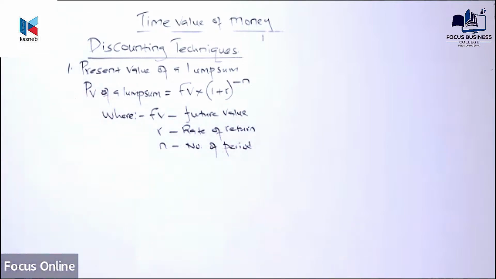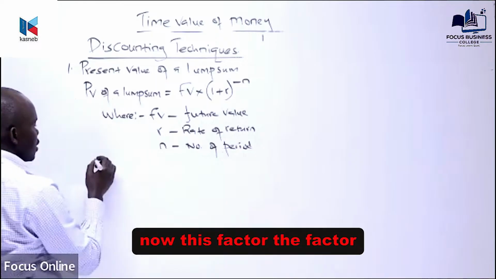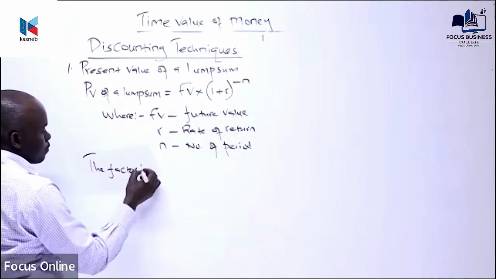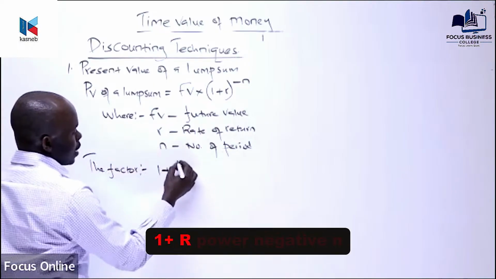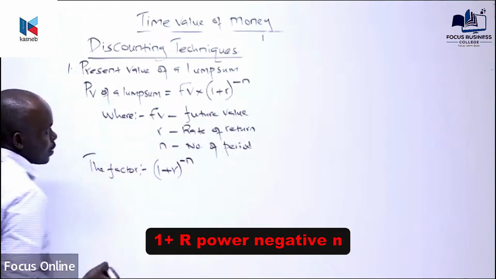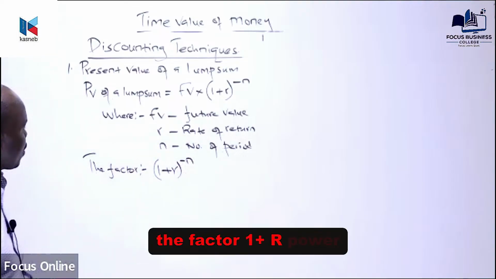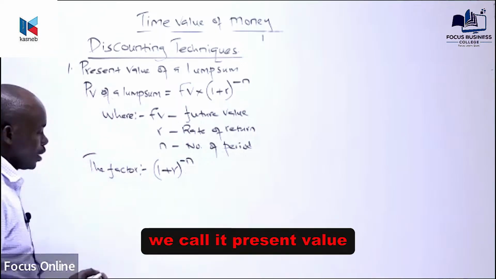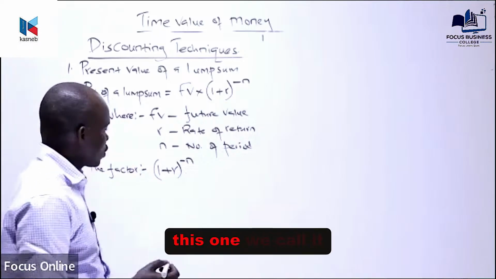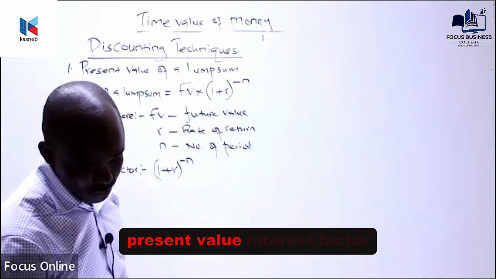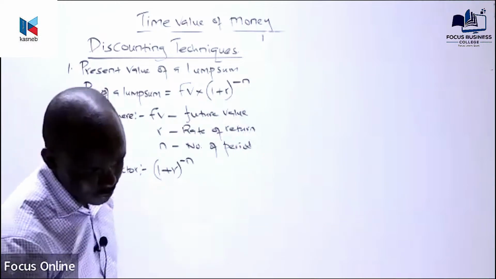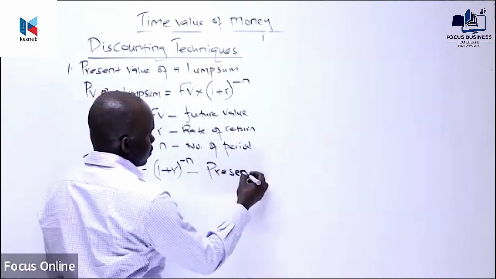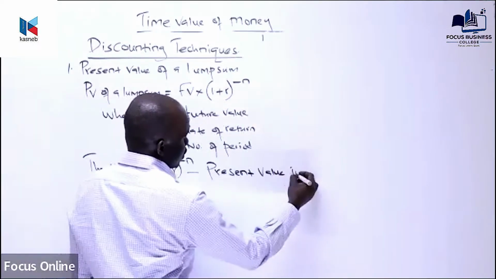Now this factor, (1 plus R) power negative n, we call it present value interest factor.